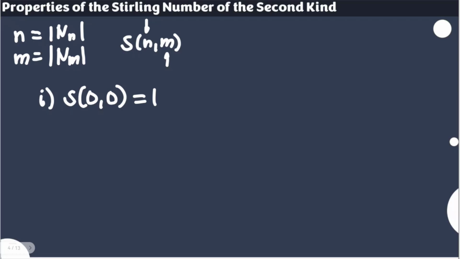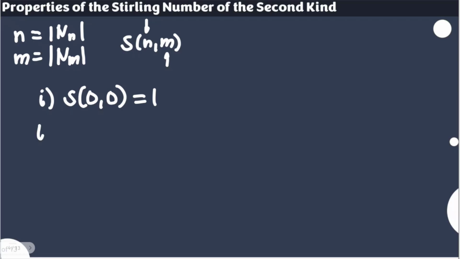Even if there are no boxes and no objects, the number of ways to distribute that is just 1, doing nothing. Hopefully that's understandable. That's actually very trivial, but that is how it stands.